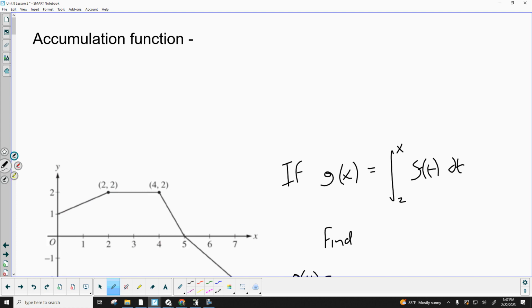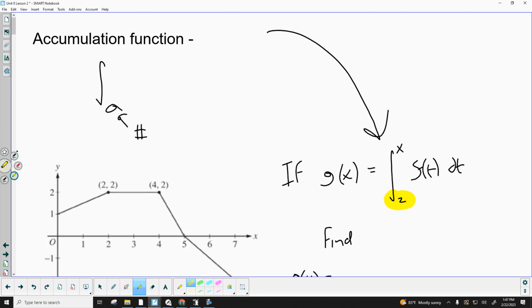This lesson is on the accumulation function. The accumulation function is that guy. It is some integral from some starting point. This could be any number. It does not have to be 2, but the number is important for something.